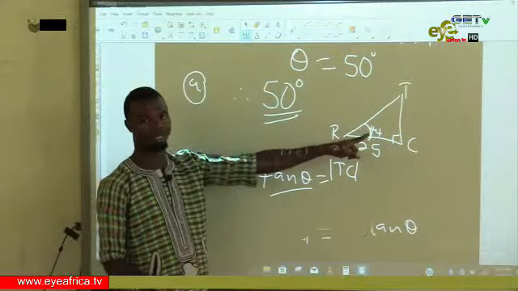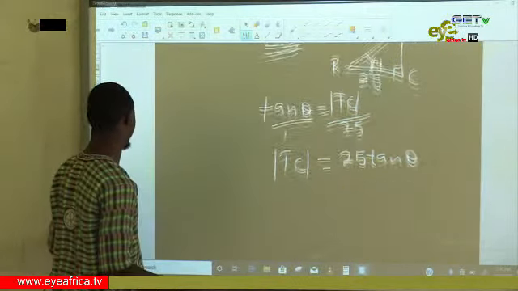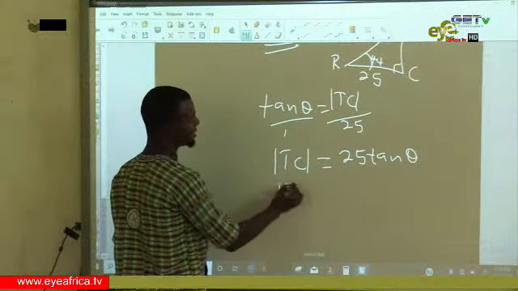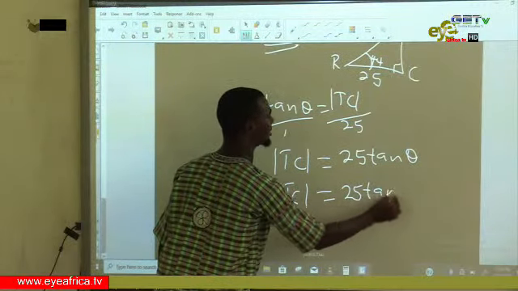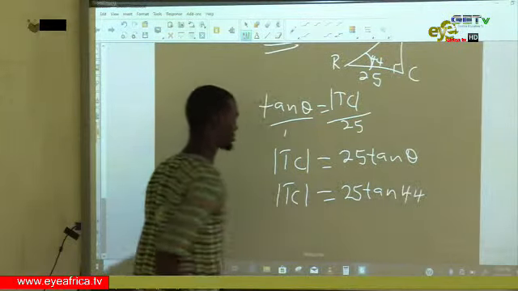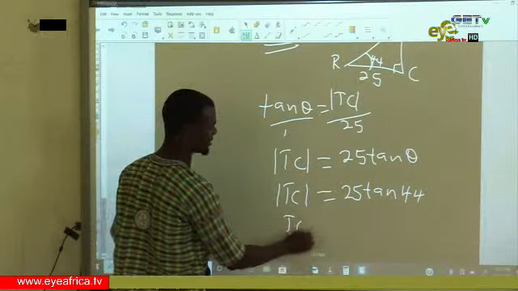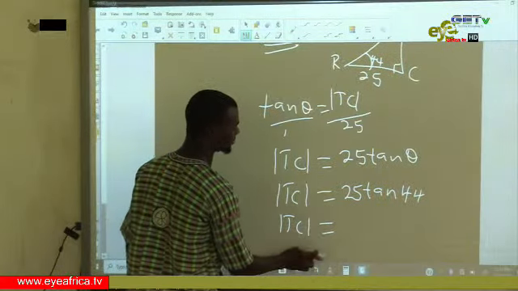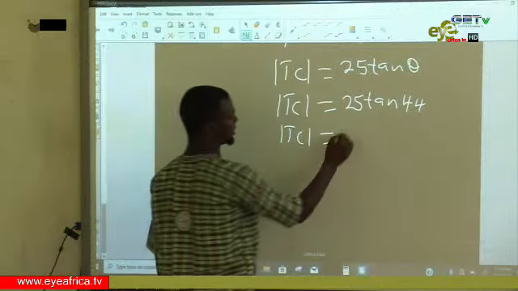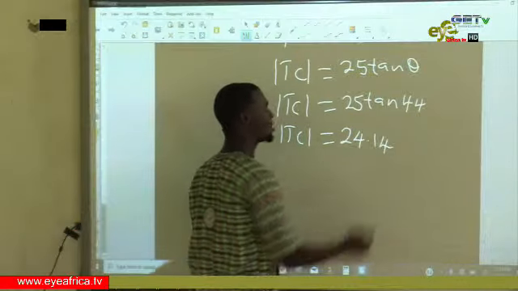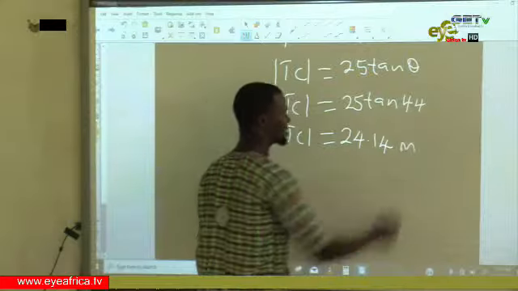That is the angle in the right angle triangle. So we substitute the 44. So our side TC is equal to 25 tan 44. If you press the calculator, 25 tan 44 is 24.14 meters.